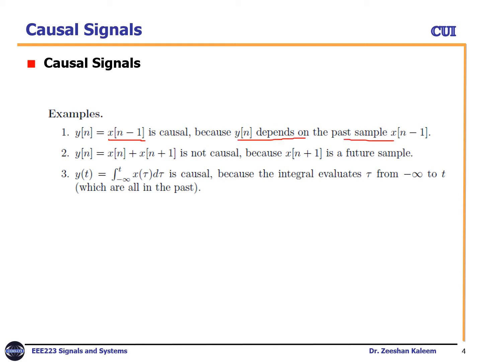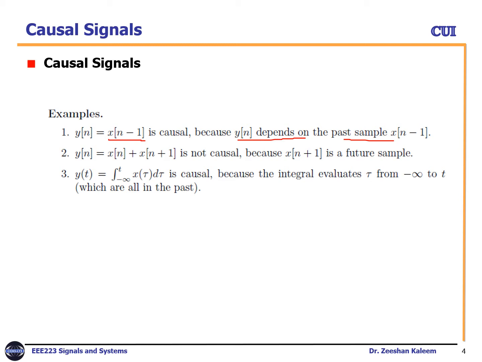What does that mean? It is not depending on samples before n equal to 0, because this is a discrete case. It is depending on the past signal, not on the future sample.